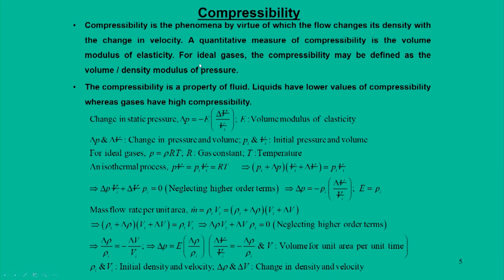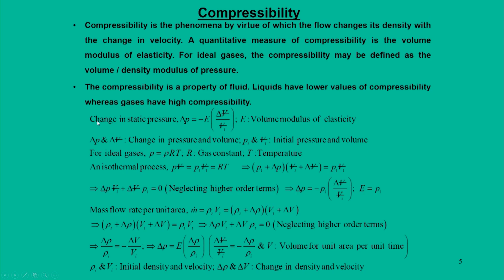A quantitative measure of compressibility is nothing but the volume modulus of elasticity, and that is true for liquids, and for ideal gases we can bring out the equation of state in terms of density and pressure.